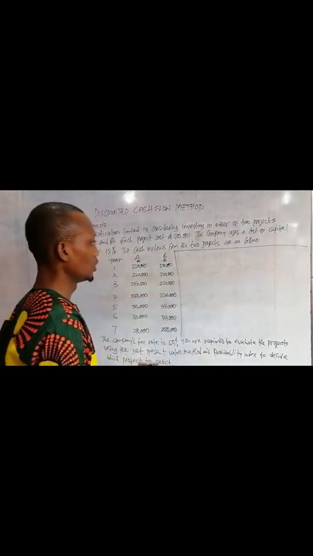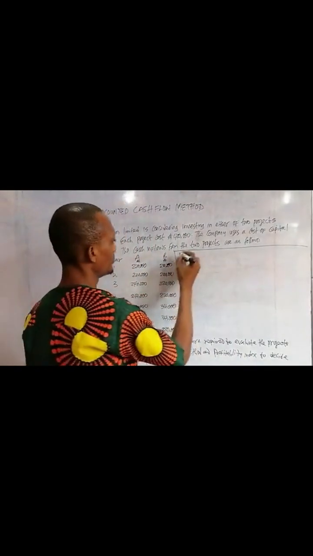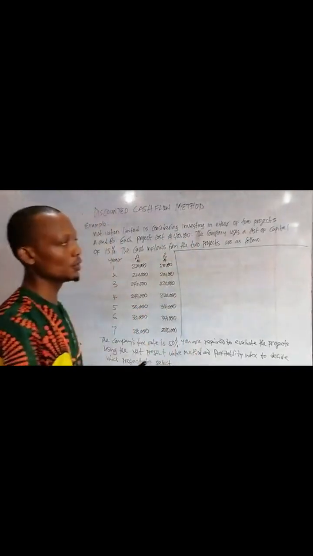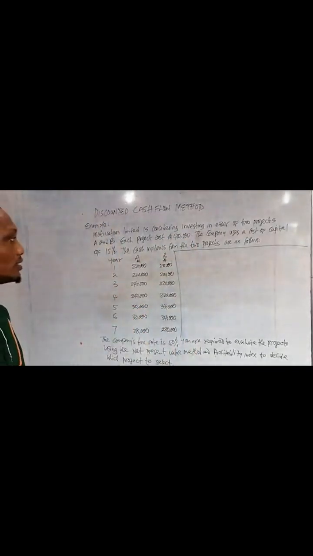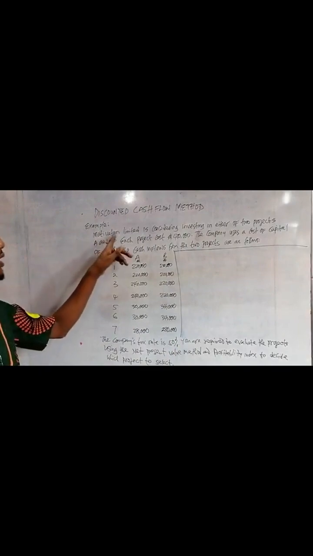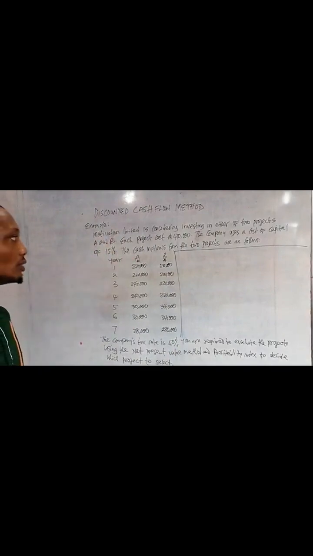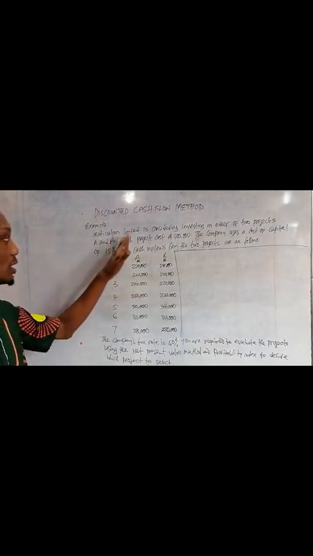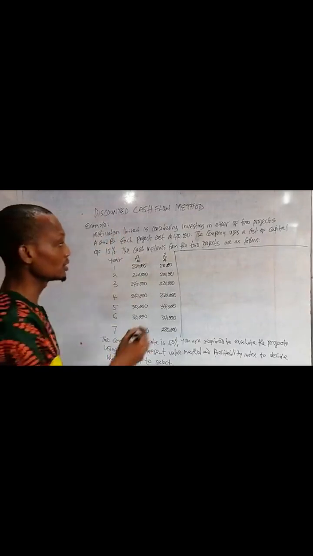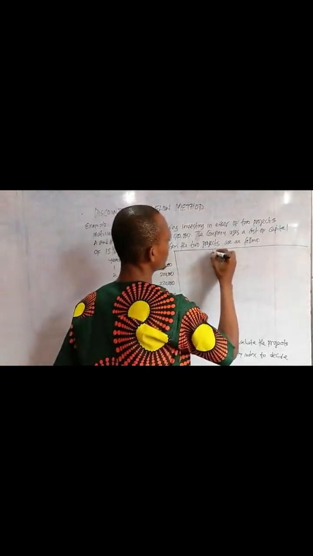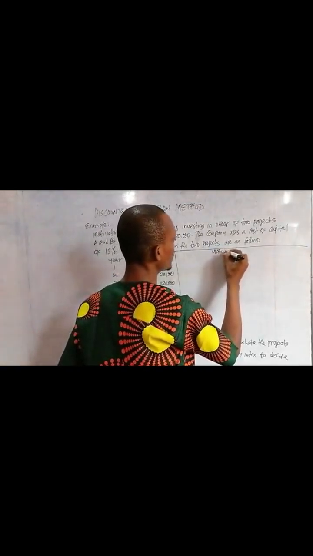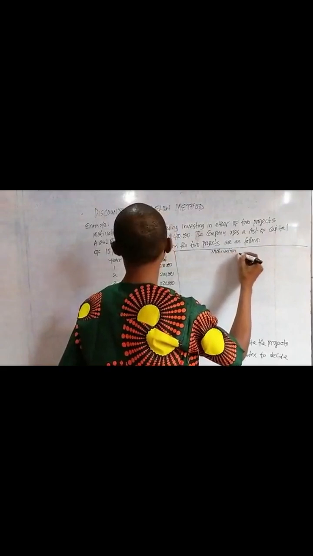Okay. When you are solving a question, the first thing you do is give it a title. The name of the company should come first: Motivation Limited.